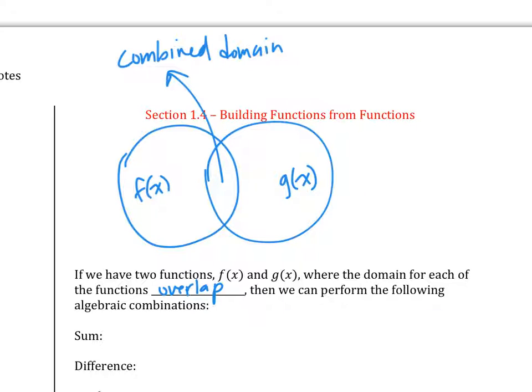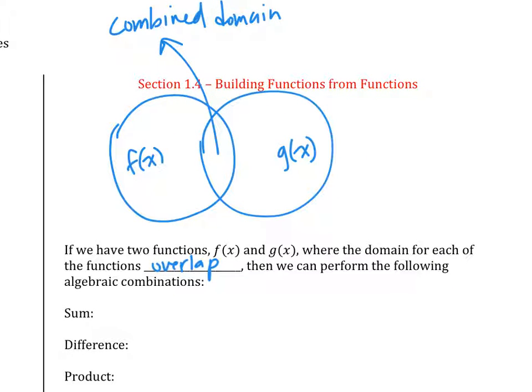then we can do the following algebraic combinations. Sum means that we can add f of x and g of x together. If the domains for each function overlap, then we can add them together, and that's okay. We can subtract them if we want, either this way or this way.